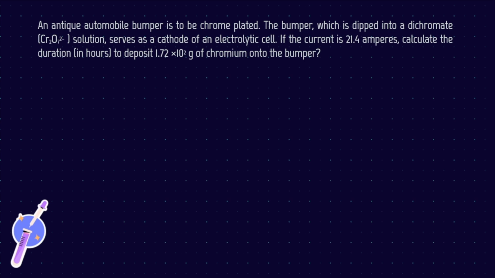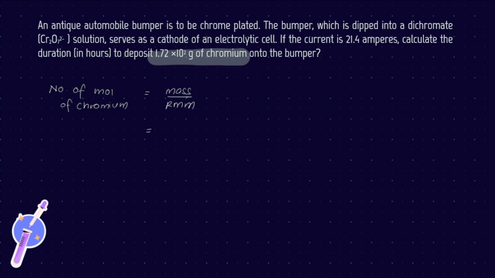From this question, you were given the mass of the chromium. Therefore, what we can calculate is the number of mole. So the number of mole of chromium is equivalent to the mass over RMM.